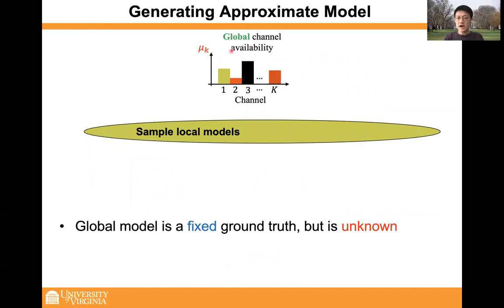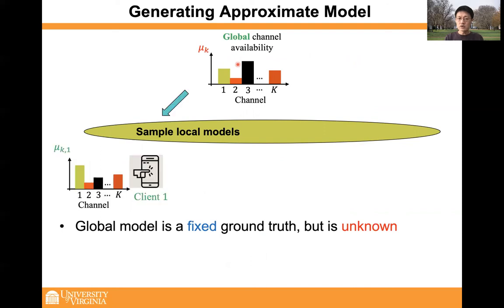Okay, so let's say I have this global model. Again, it's a latent model, so we don't know it, we need to learn it. But for this latent global model, I would generate, in an IID fashion, local models where every local model is generated based on this global model following a certain distribution. So let's say the first channel, mu_1, has a global channel availability of a certain value.